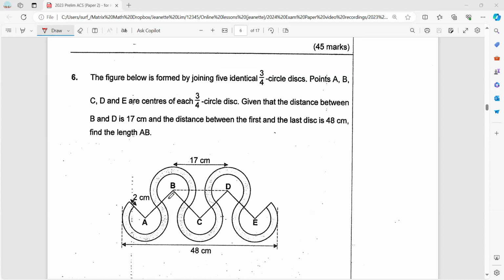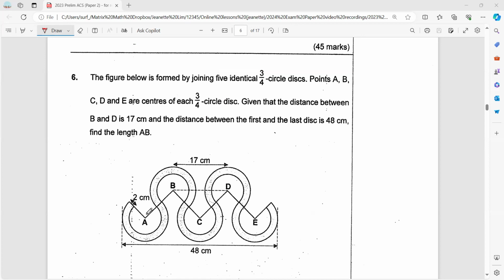All right, so first let's find what is the distance from A to E. A to E, right, is basically the same as A to C plus C to E, right?